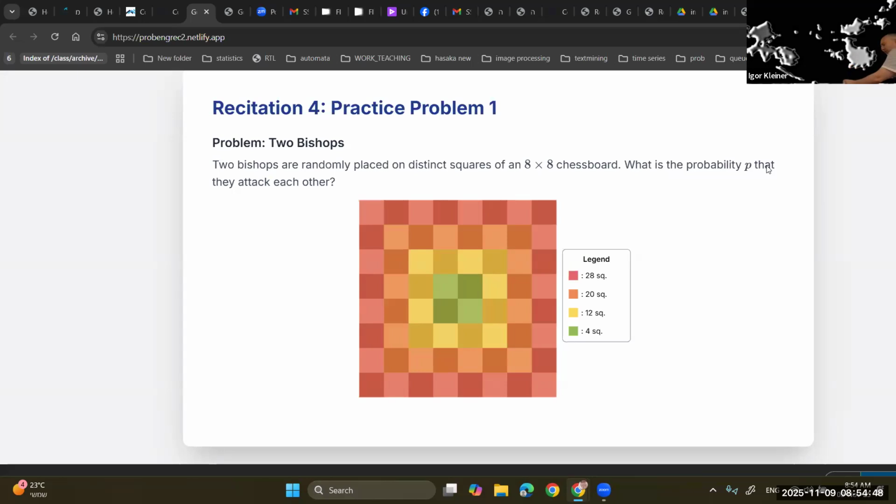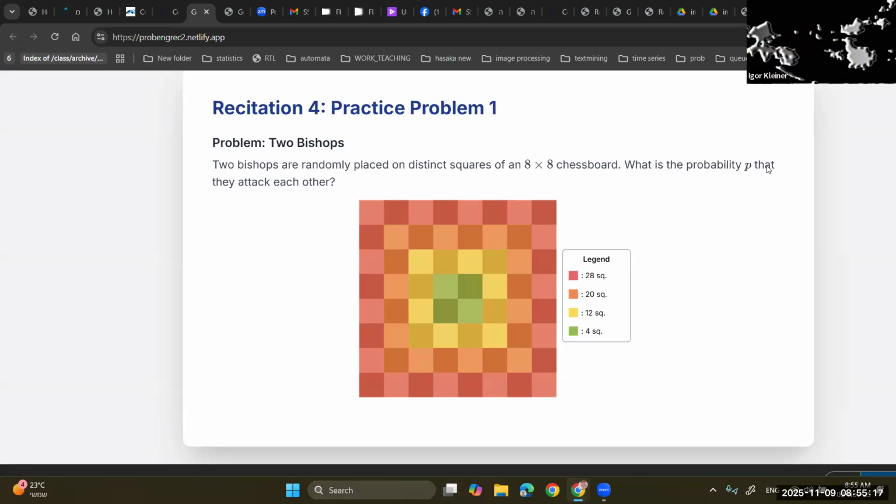If the first bishop stays here, he will attack only 7 squares. Make sense? You can check this square or this or this. For any one of these squares, if we put the first bishop here, it will attack 7 points.